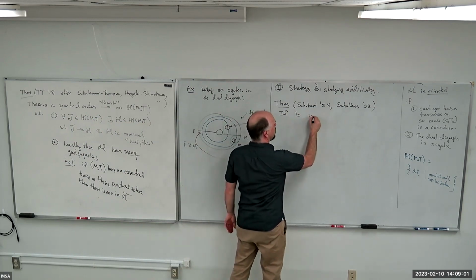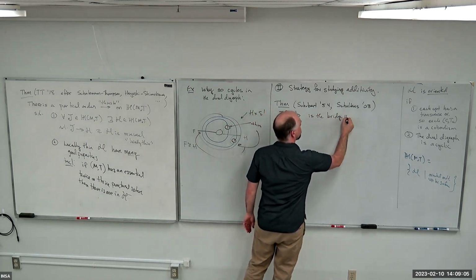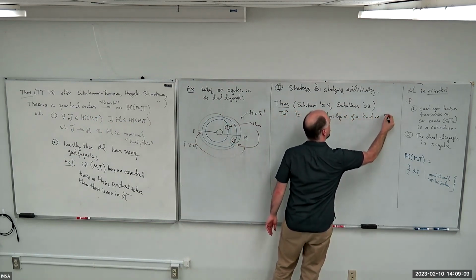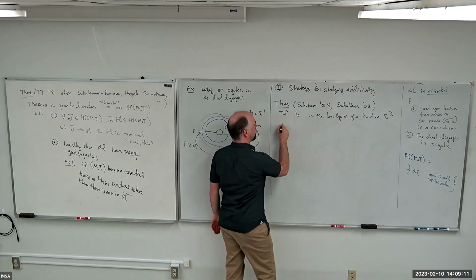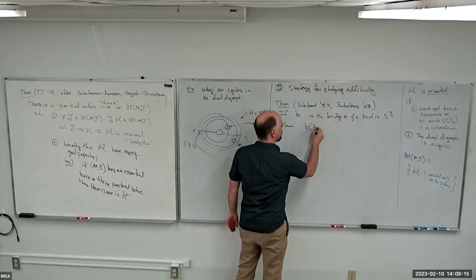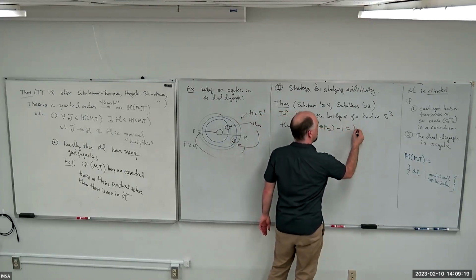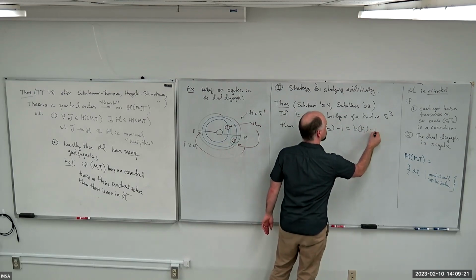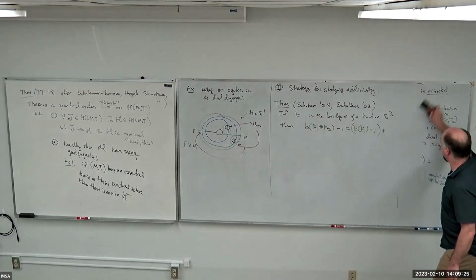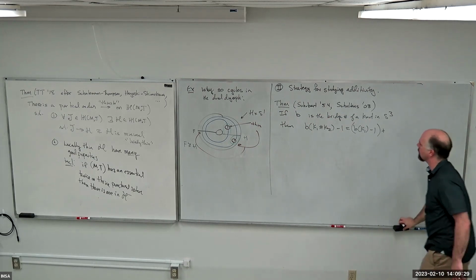So if b is the bridge number of a knot in S3, then the bridge number of the connected sum of two knots minus 1 is equal to the bridge number of the first knot minus 1 plus the bridge number of the second knot minus 1.